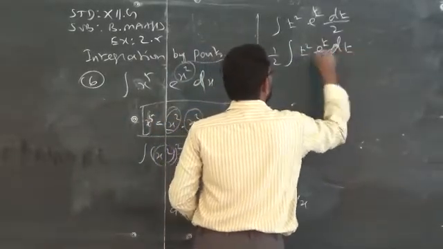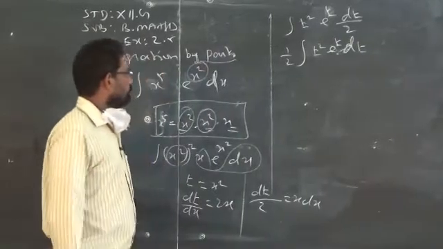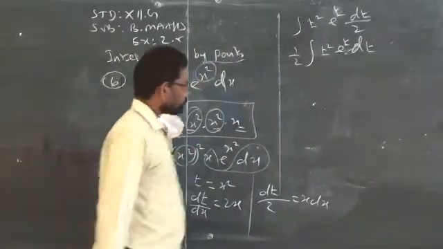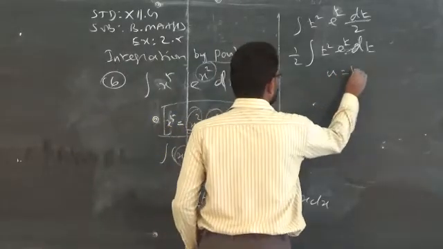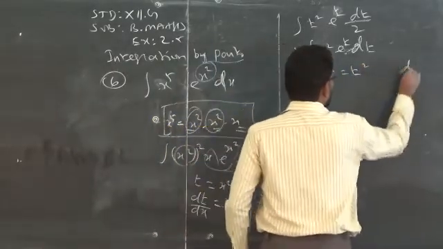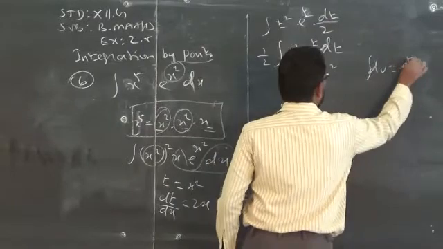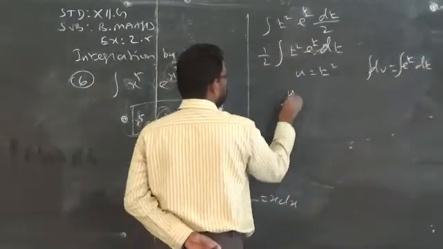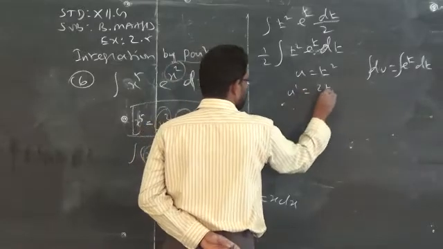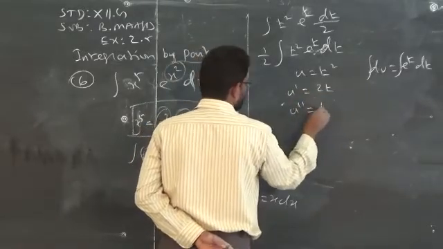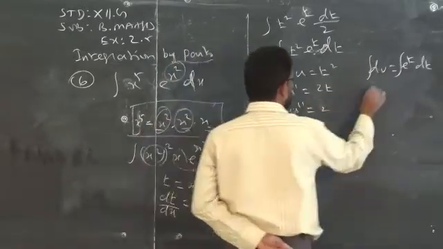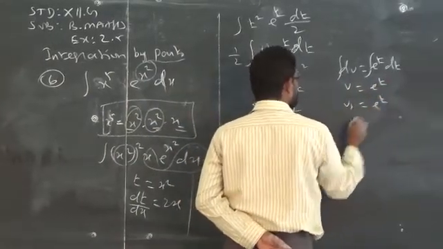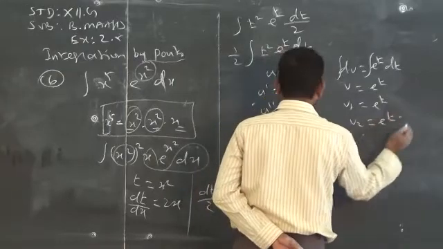See, I brought it into the standard form of the integral. As usual, which one do you have to consider as u? t square. dv is equal to e power t into dt. So u dash is 2t, u double dash is 2. Similarly, v is e power t, v1 is e power t, v2 is e power t.